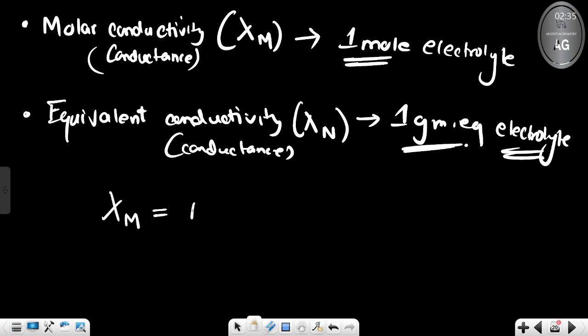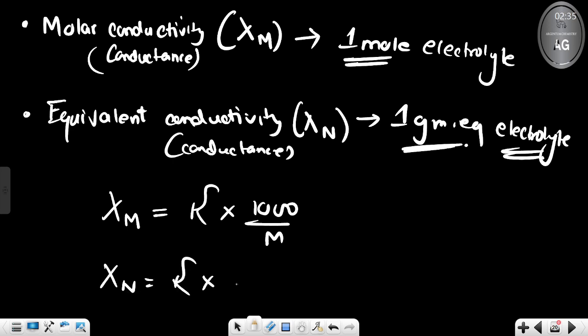Lambda m equals kappa into 1000 upon M, and lambda n equals kappa into 1000 upon N. Clear? Lambda m equals kappa into 1000 by M; if it is lambda n, then N by M. Remember the concentration is always given in mole per liter, then we will use this equation. Any doubt you are having?